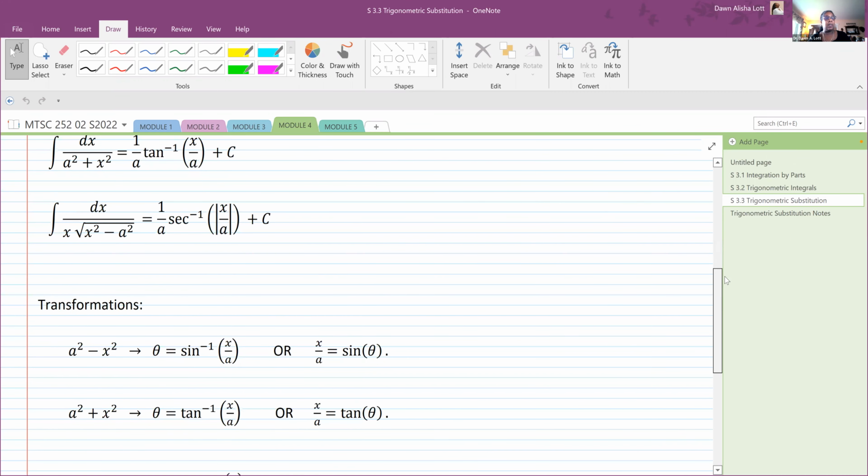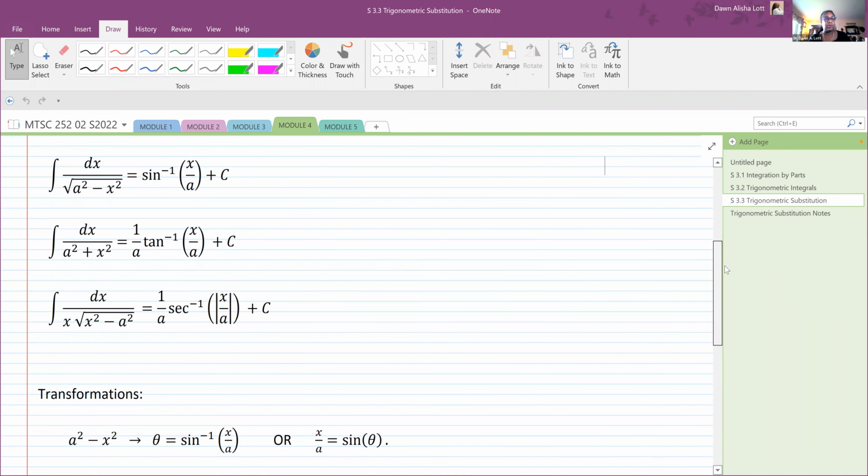The first transformation I want you to associate is whenever you see a squared minus x squared, I want you to think sine inverse. So for a squared minus x squared, we're going to use the transformation that theta is the sine inverse of x over a, or we could write it as x over a is the sine of theta. And I hope you understand how to go back and forth from one to the other.